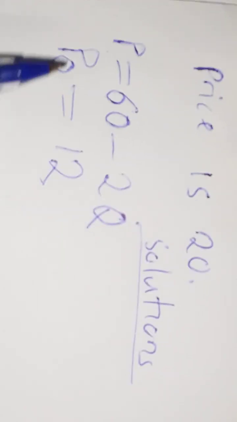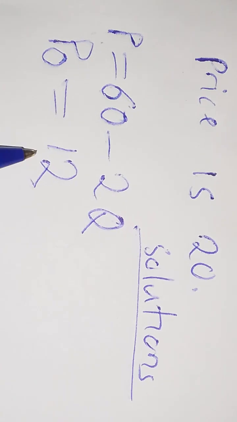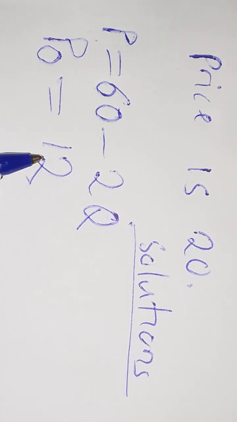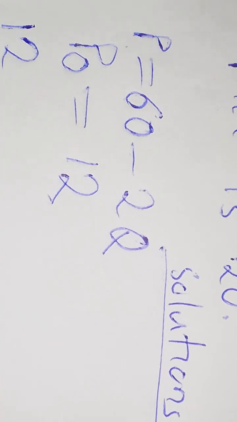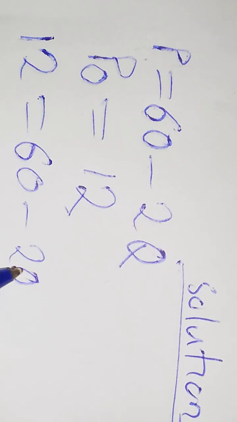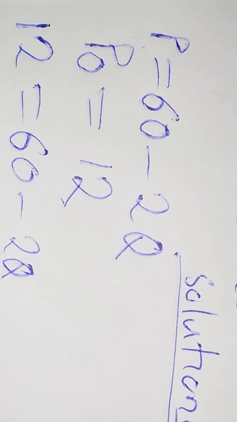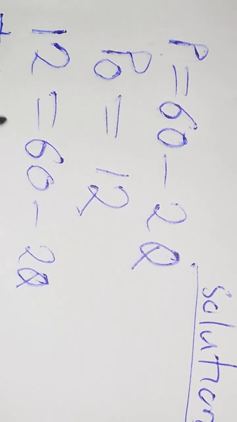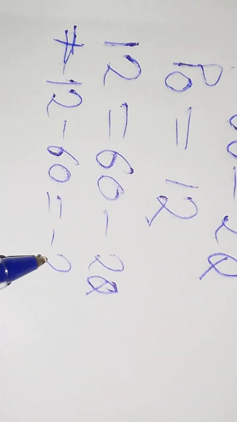P is equal to 60 minus 2Q. So this is our price. Now we have an actual price. From the actual price, this 12 will go here. So 12 is equal to 60 minus 2Q. This 60 will cross the equal sign: 12 minus 60 is equal to negative 2Q.